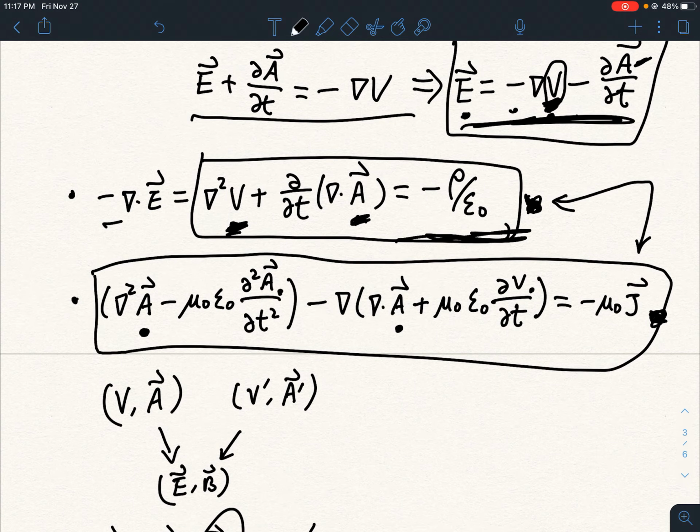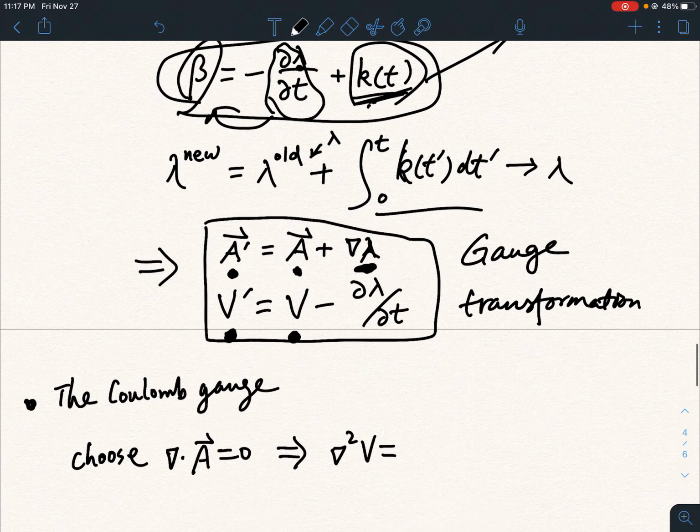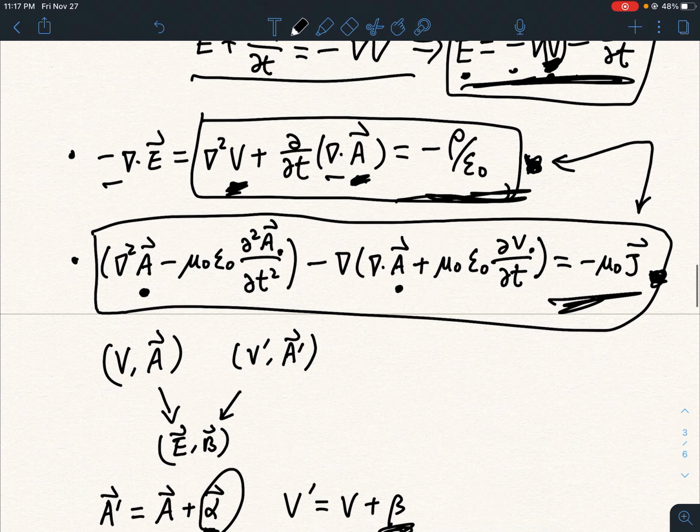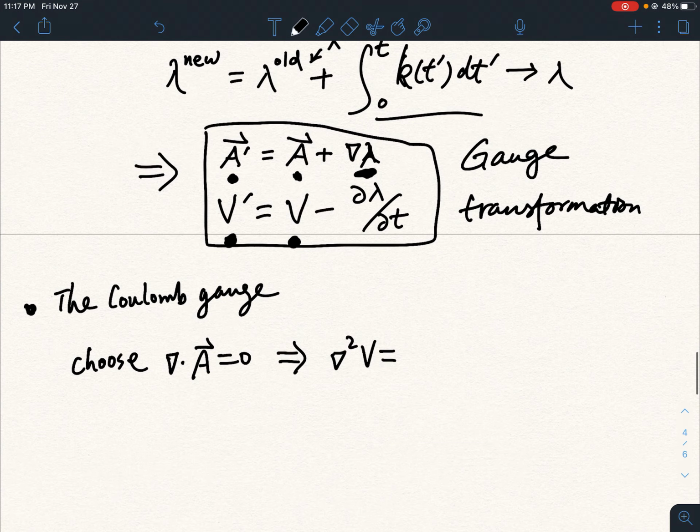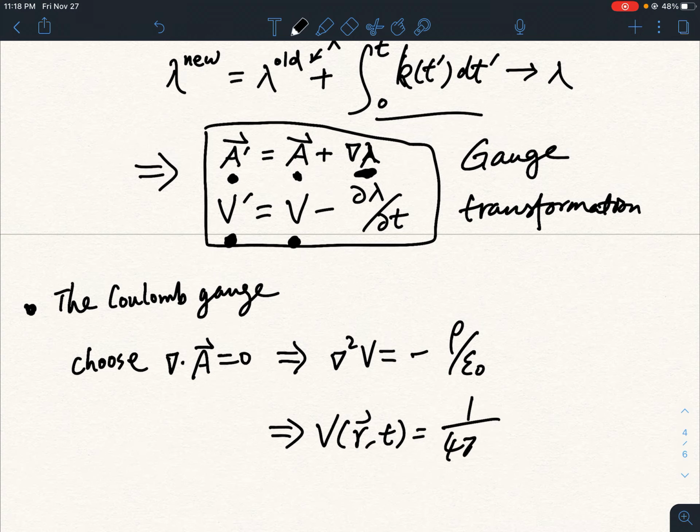There are two equations now, one is this equation, one is this equation. If we choose del dot A equals 0, this one becomes 0, and then we really have this Laplace equation. And here, of course, this one is simplified to 0, but we still have three other terms. From here, we have rho divided by epsilon 0. Since it's a Laplace equation, we really have Coulomb's law, and we can write it down.